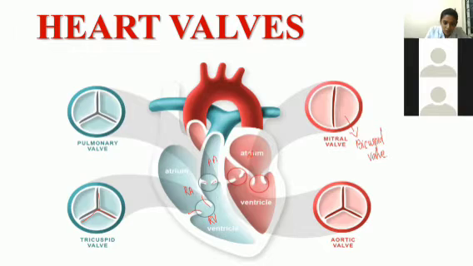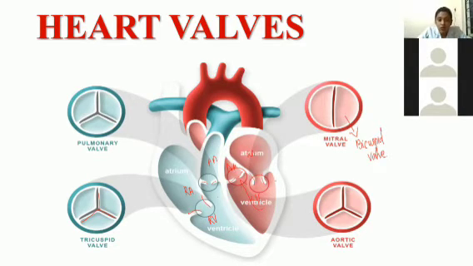Between the left atrium and the left ventricle, there is the mitral valve or bicuspid valve, and between the left ventricle and the aorta, there is the aortic valve. The pulmonary, tricuspid and aortic valves have three cusps, and only the mitral valve has two cusps, so it is known as the bicuspid valve.